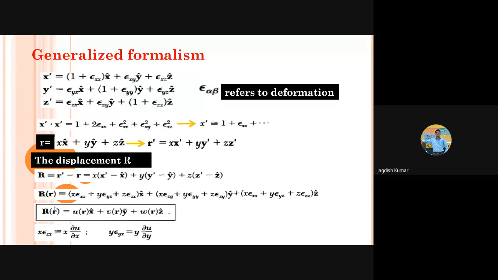Now on my paper I have all these terms, and if I compare these one by one, then I can straightforwardly see that x into del u over del x is nothing but x into exx. Then y into eyx is nothing but y into del u over del y, and z into ezx is nothing but z into del u over del z, and so on.